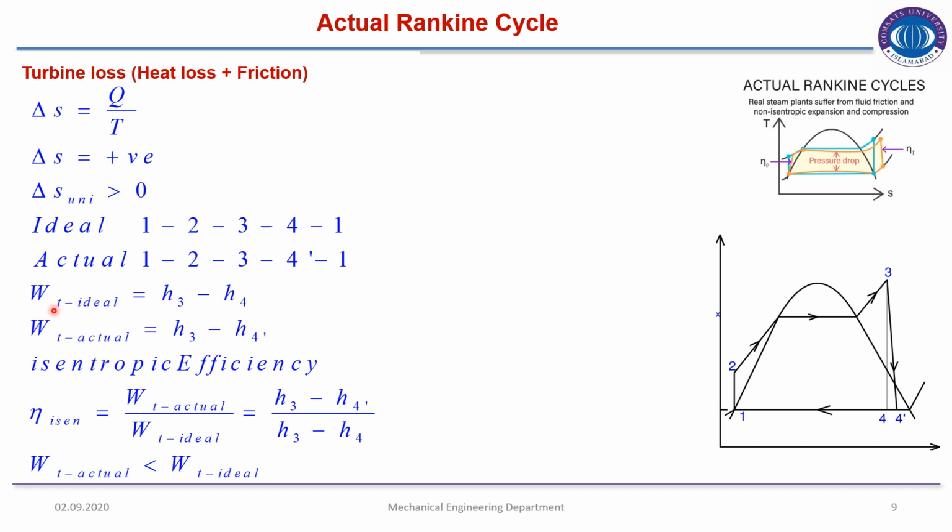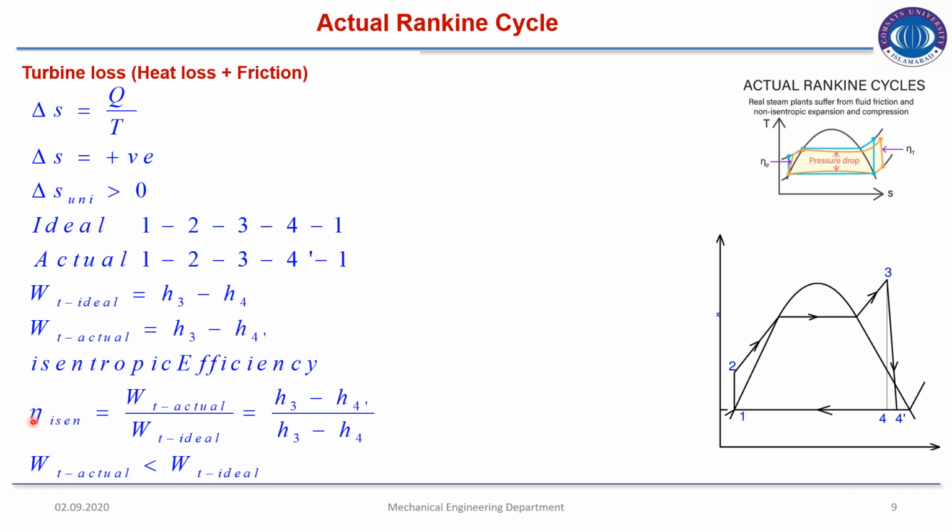The work done by the turbine in the ideal case is H3 minus H4, and the work done by the actual turbine is H3 minus H4 dash. Therefore, isentropic efficiency is the ratio of actual work done to ideal work done by the turbine.